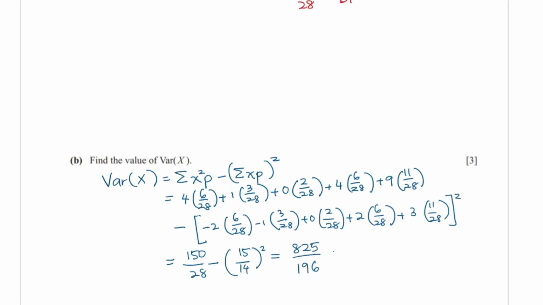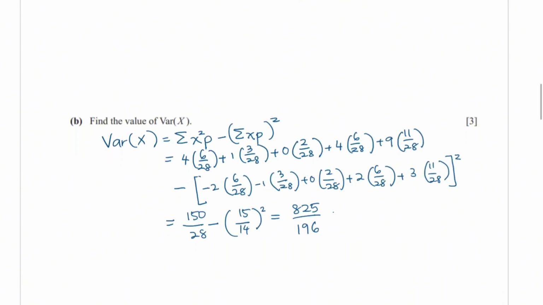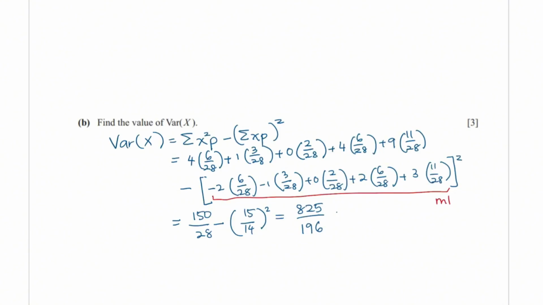And how do I get marks on this question? I'll get my first mark when I compute the expectation of x, which is when I have this part over here. Okay, and when I am multiplying with correct numbers, so I have M1. The next mark is when I figure that variance of x is basically square of all my x's multiplied with the probability, and then I have to subtract with the E(x) square.